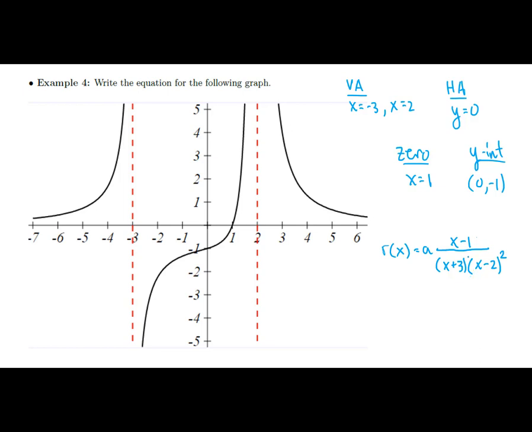But once we've determined that, we've got our rational function structure all set up, then we can figure out what this a is by using our knowledge of the y-intercept. So when we plug in 0 for x, we know that we should get -1 as the answer.